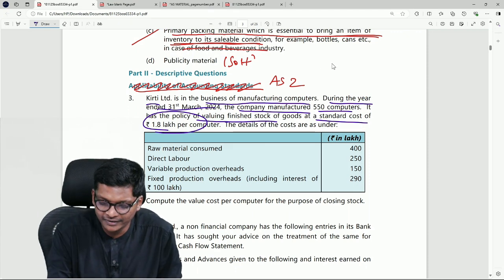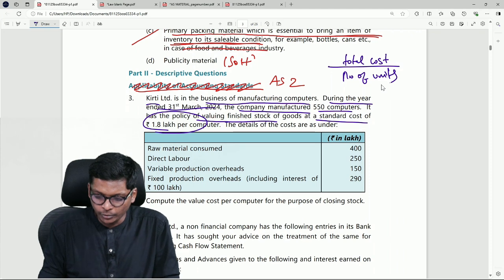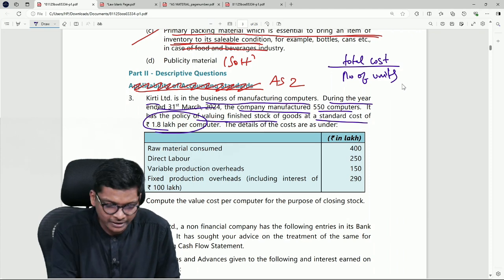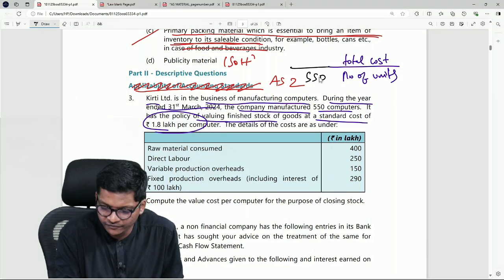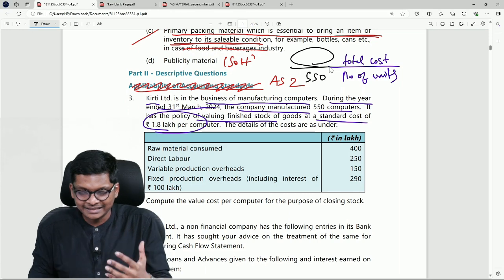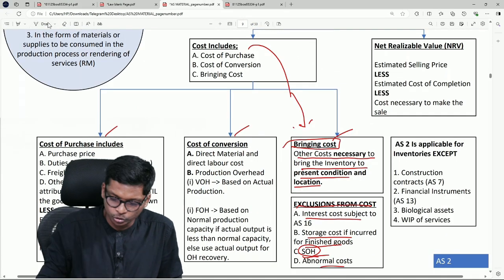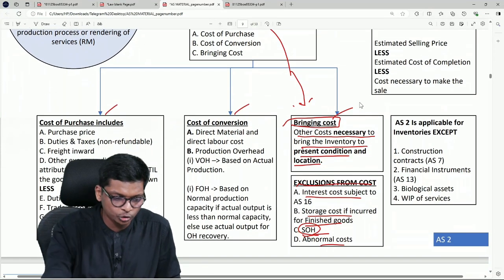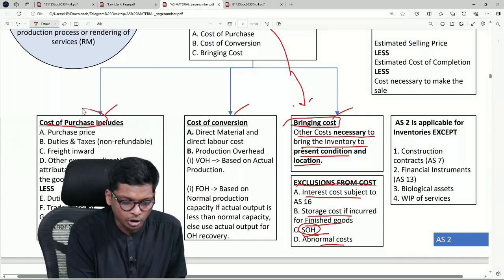How do you value inventory? Total cost divided by number of units. Here the number of units is given, so my number of units is 550. What is my total cost? I can tell the answer, but let me quickly revise the theory since we are in AS2 itself. What all cost will you include? Cost of purchase.